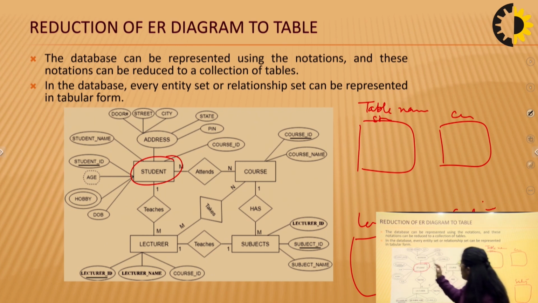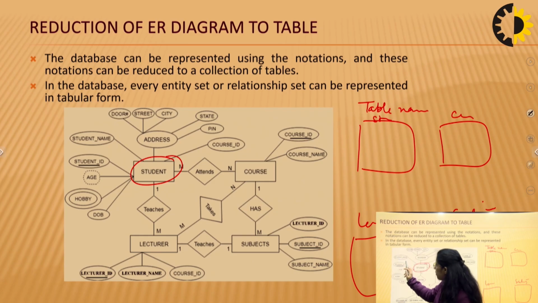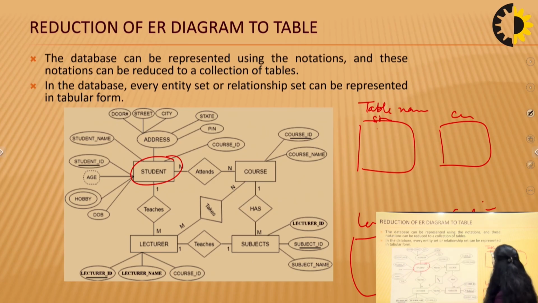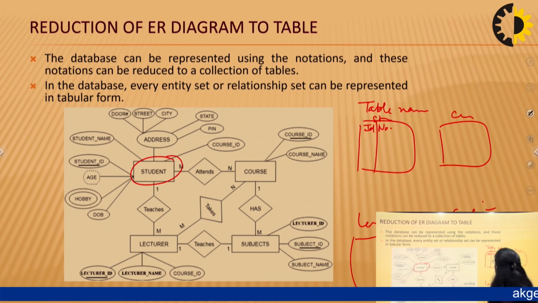Next, if we talk about attributes, first of all, student ID. We will be having an attribute ID or a column in a student table. Next is name. Next one is address. Address is further divided into 3 parts, etc. Right?